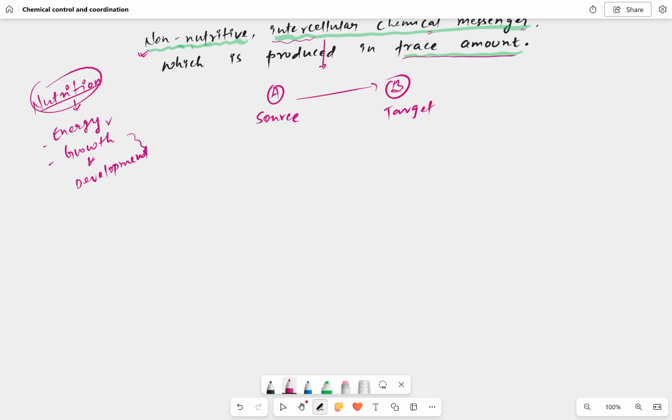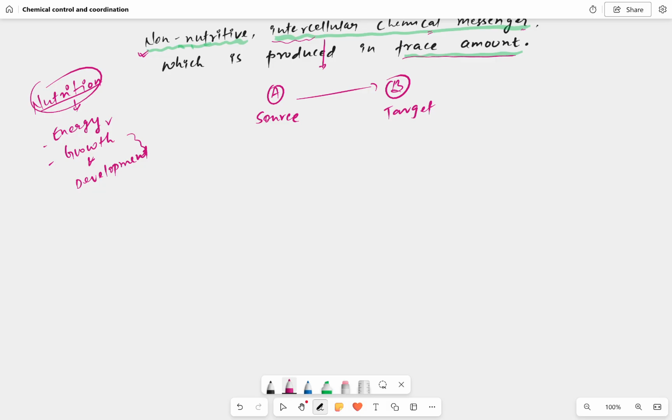The major chemicals of our body are lipids, amines, amino acids, proteins and peptides.